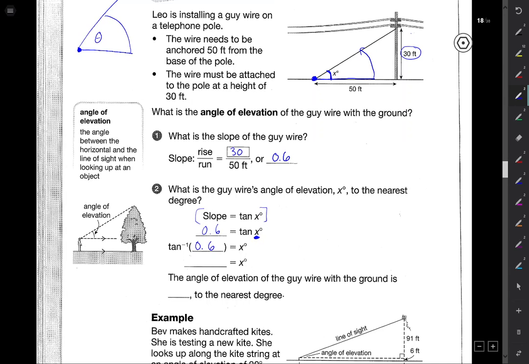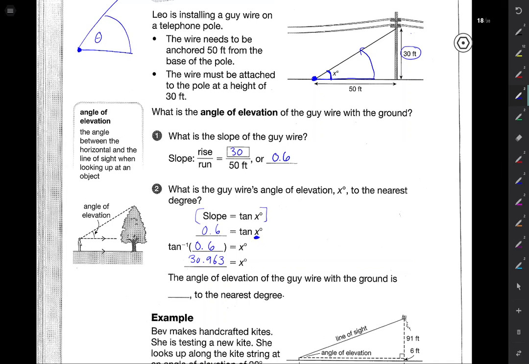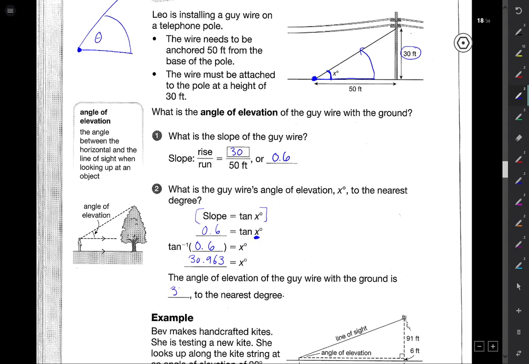Make sure you know how to put that in your calculator, and then you should get 30.963 degrees. So the angle of elevation of the guy wire with the ground is approximately 31 degrees. The angle within here is 31 degrees.